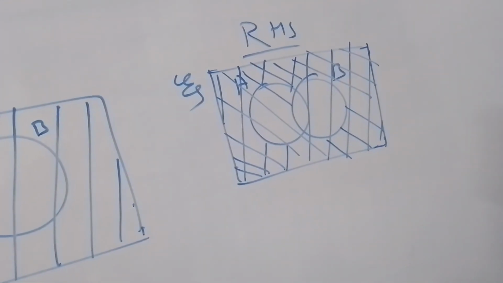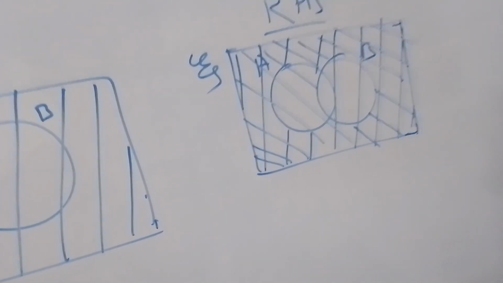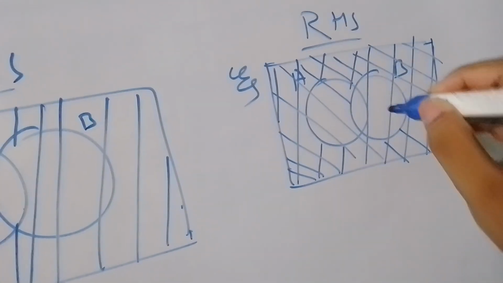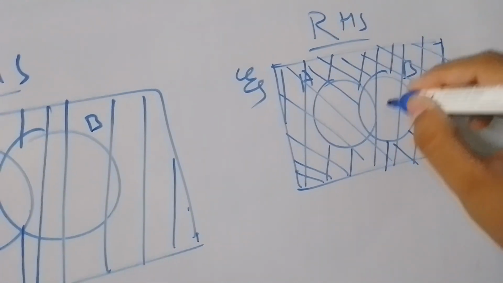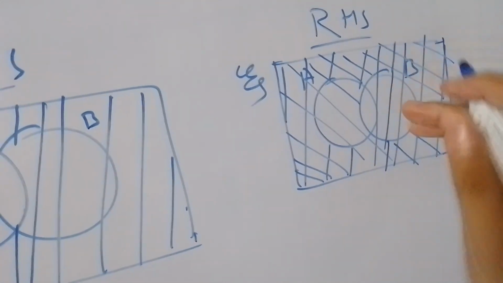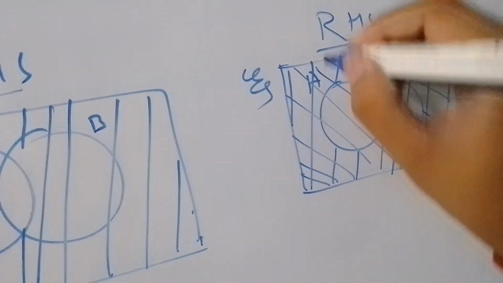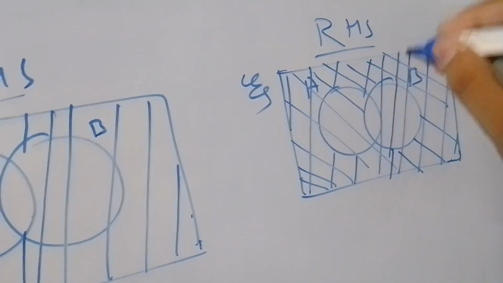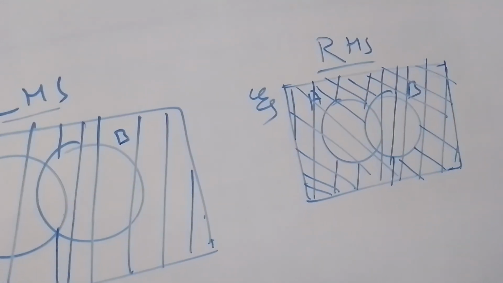Okay, now you see that this has some lines, and this set also has lines, but the common part is the outside one, right?